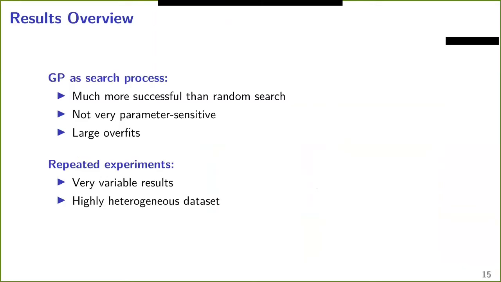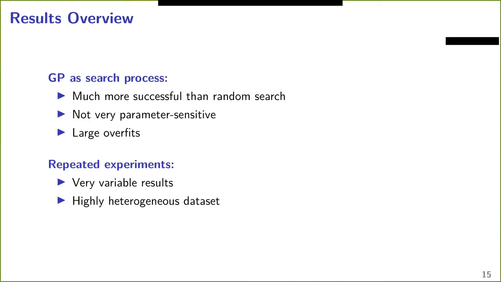Overall, what we obtain is that GP as a search process is obviously much more successful than random search, but we did not really see much sensitivity to the parameters. For every set of instances, all 8 GP approaches behave similarly. The one thing that we noticed is that it can lead to very large overfits, so the validation step is really essential.